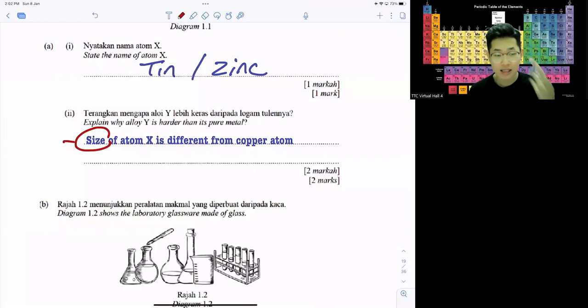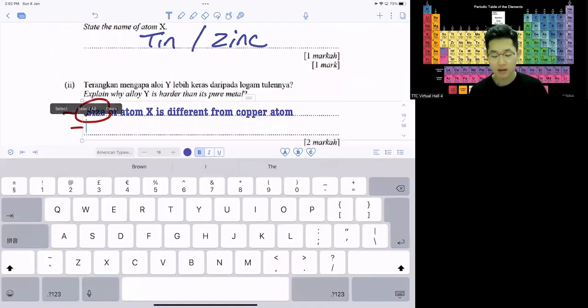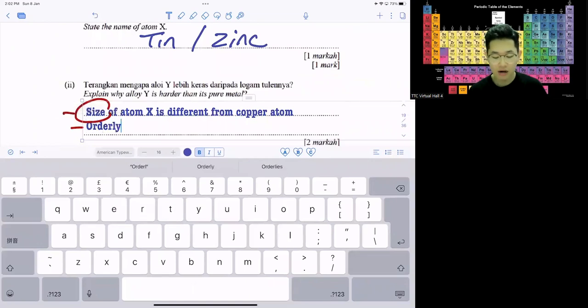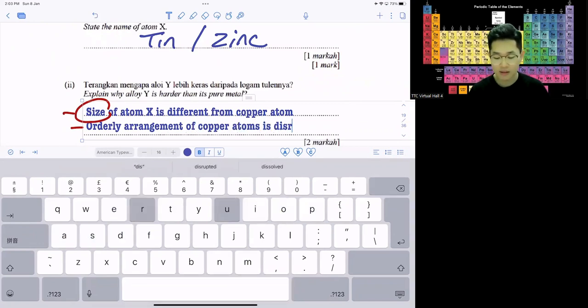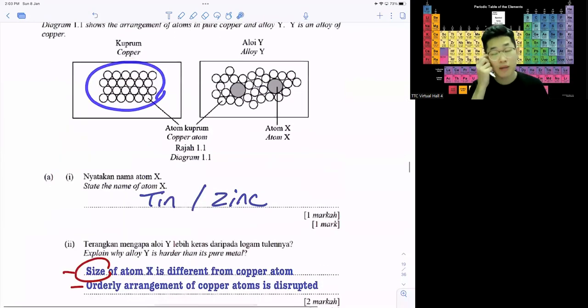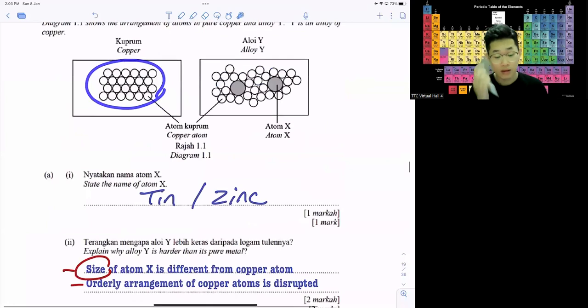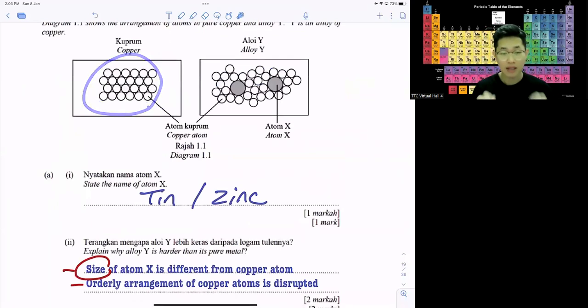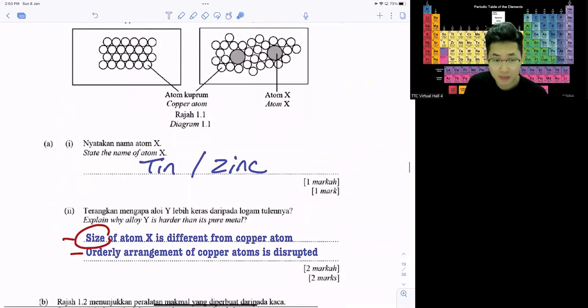要讲到 size。第二，我们要讲到 orderly arrangement of copper atoms is disrupted. 所以原本排美美的这个 copper 它的顺序被打乱了。They are arranged nicely, but then it is disrupted. That means now it becomes very messy, not orderly arranged anymore.